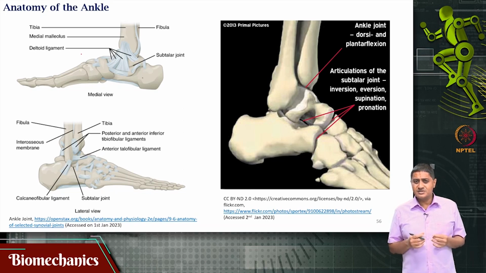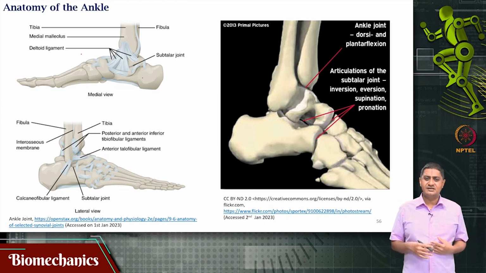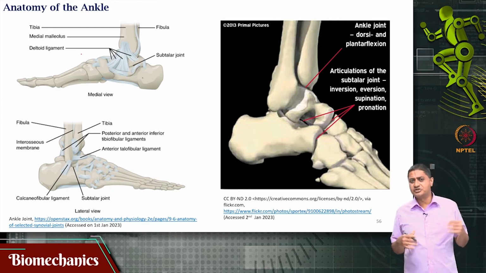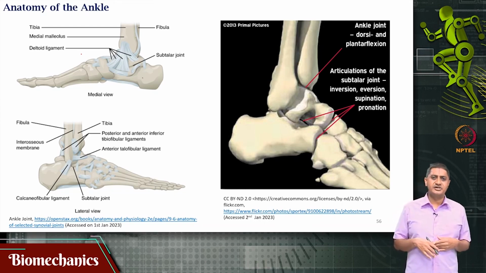All these bones allow for very small amounts of movements. They are not well articulated joints like the other joints that we have seen so far. They are not like elbow joint, they are not like shoulder joint, they are not like knee joint. They are plain joints.